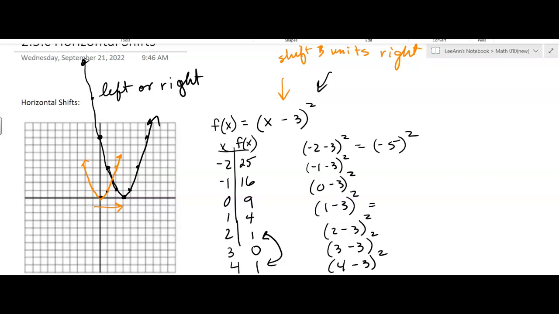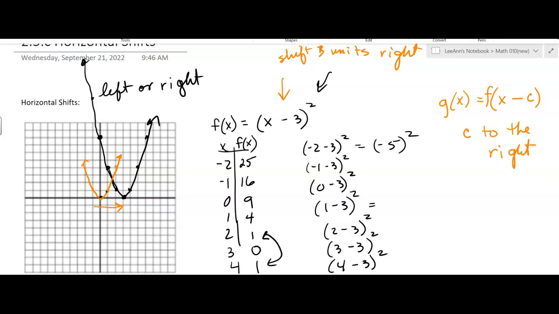Okay, so here's the rule. If you have g of x equals f of x minus c, then that's going to shift c units to the right.